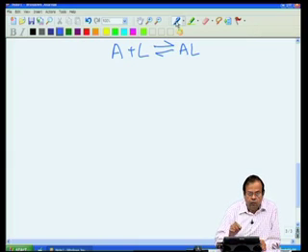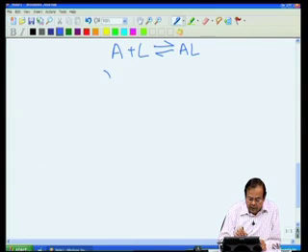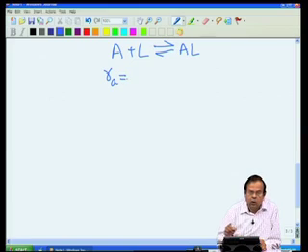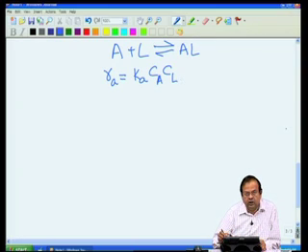So, let us now start writing the kinetic rate expressions. Let us say that our attachment rate, that is adsorption rate, A adsorbing onto L, follows law of mass action kinetics. So, let us say it is some kinetic rate constant Ka, concentration of my reactant A, and it will also depend on the concentration of the active sites Cl.